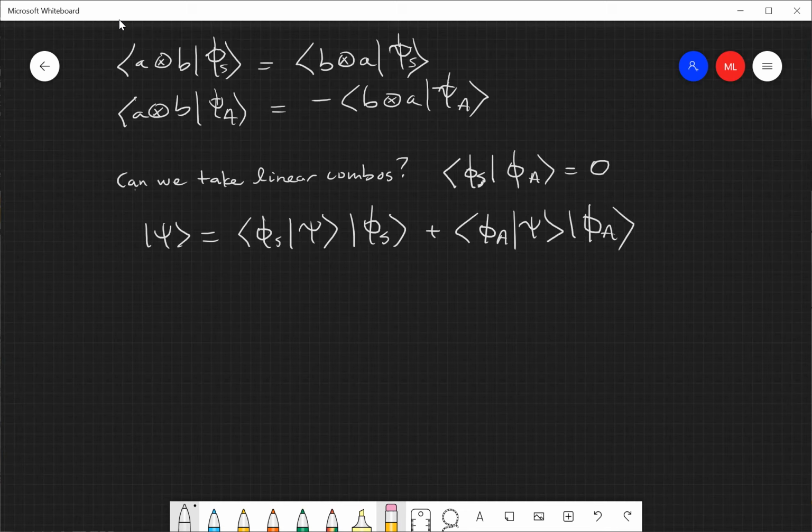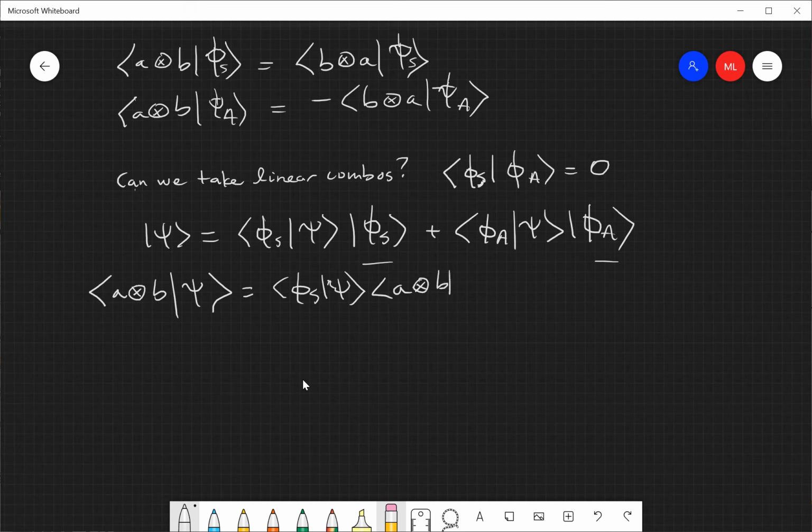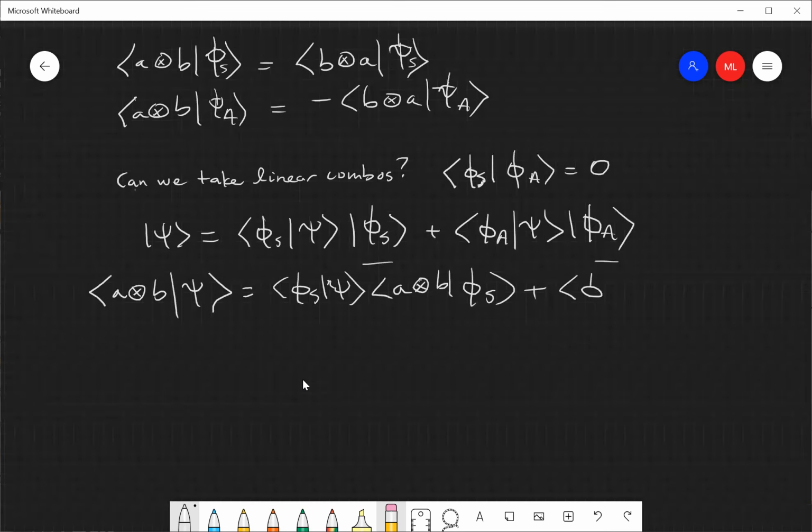But this is actually quite a problem, because if we take the inner product of this state with one of these basis states, A and B, you'll have this coefficient and that coefficient.